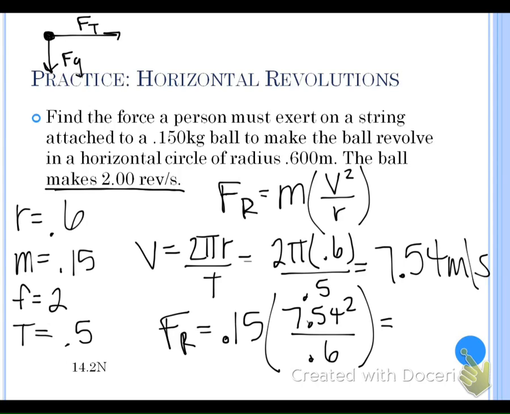What did you get, Brian? 19.2. Yep. What are our units then if we're solving for force? Yeah, newtons, good. So that's the amount of force that has to be exerted in order for this object to swing at that speed.